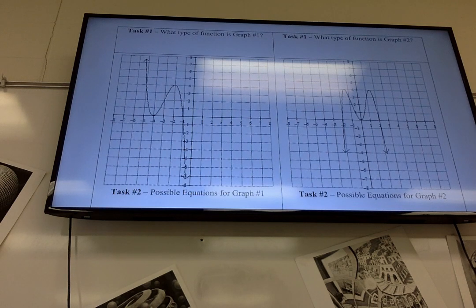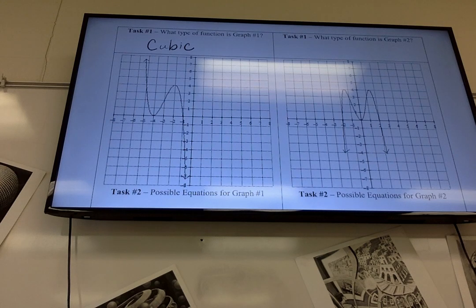It looks like this. So things that look like that, it has 2 where it changes directions. This is called a cubic. Cubics always look like that, basically.